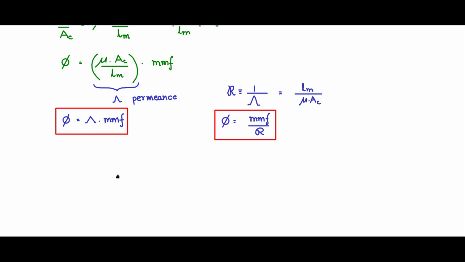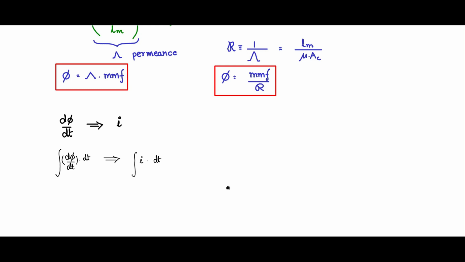So let us try to understand this a bit further. We know d phi by dt is the kinetic variable in the magnetic domain, and it is similar to the kinetic term in the electric domain, which is current I. So if I integrate both the kinetic terms, integral of d phi by dt with respect to time and integral of I dt with respect to time, what do we get?